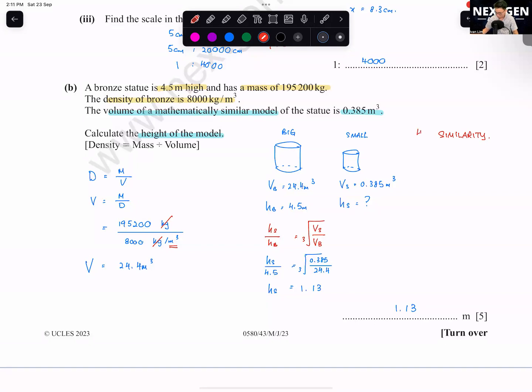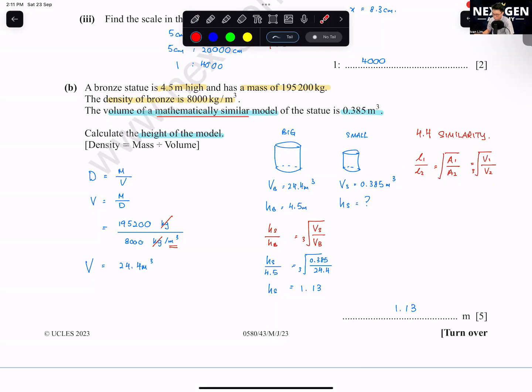I think you refer to 4.4, it will be more accurate. The formula that I taught you all is length 1 over length 2, area 1 over area 2, then volume 1 over volume 2. At the area, you put a square root. At the volume, you put a cube root. The keyword here is mathematically similar. Whenever you see mathematically similar, you straight away write down this formula already. You'll fit into two of these.